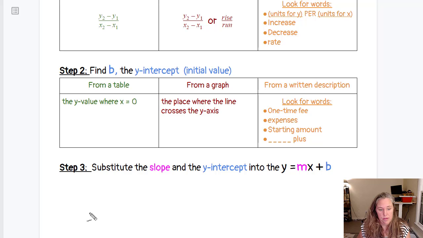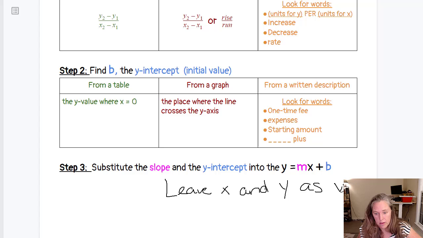Step 3 is to substitute the slope and the y-intercept into y equals mx plus b. And a reminder that you want to leave x and y as variables, because those are your changing values. So you want them to be changing.